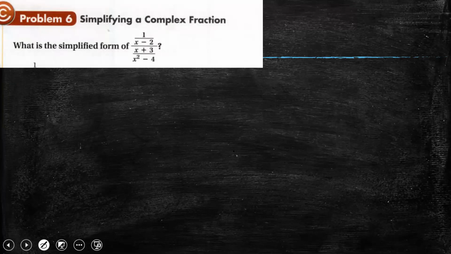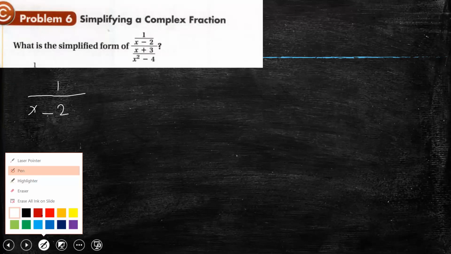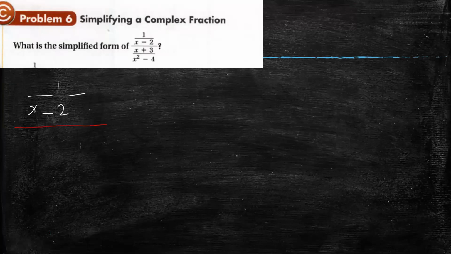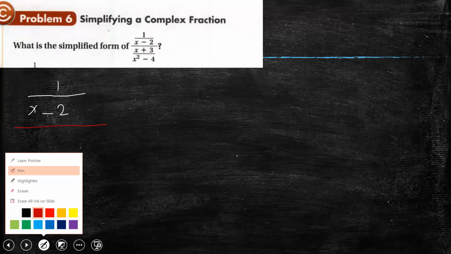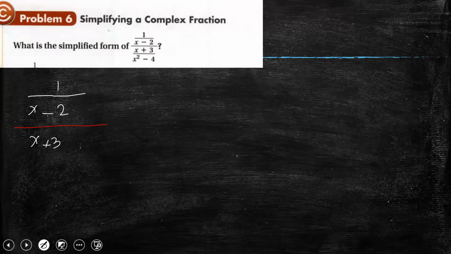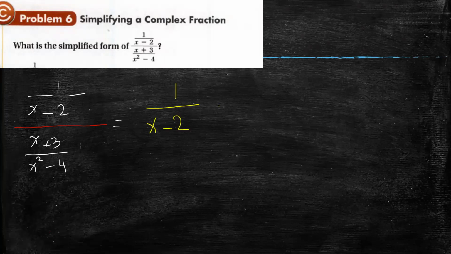We have 1 over x minus 2, over x plus 3 over x squared minus 4. How can I rewrite it? 1 over x minus 2 divided by x plus 3 over x squared minus 4. This is the first step.